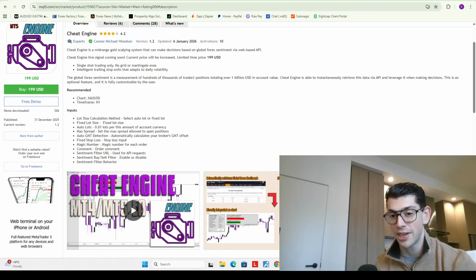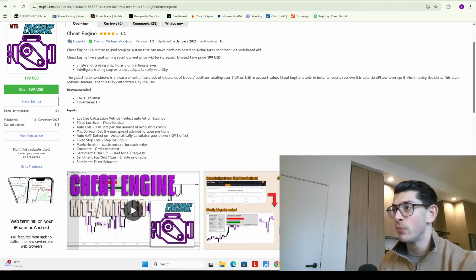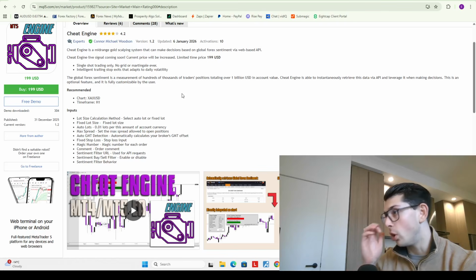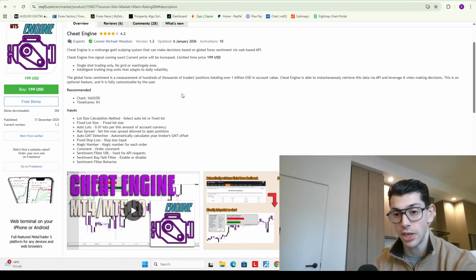Because if you can't backtest something, the crowds can also be very wrong, depending on who the information is coming from or who they're surveying. So what he's saying is that essentially the global Forex sentiment is looking at all trading positions and is based on that. That's actually neat. For instance, we use COT reports, which look at positioning of large funds, etc., to ascertain if there's a bias in the market.